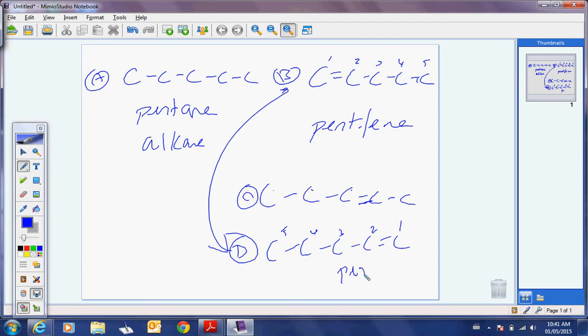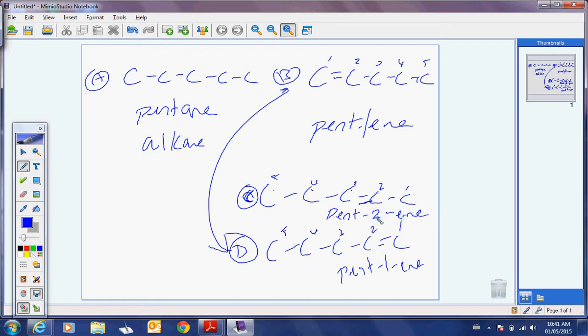So this one's still called pent-1-ene, and so it's the same molecule. The middle one, what are we going to call C? Pent-2-ene. Good, because 1, 2, 3, 4, 5. So this is called pent-2-ene because the ene bit is on carbon 2.